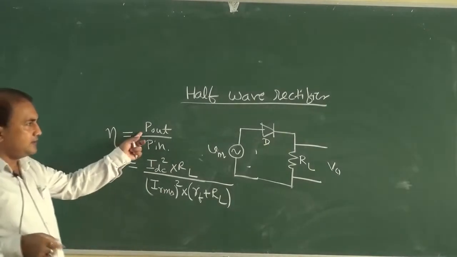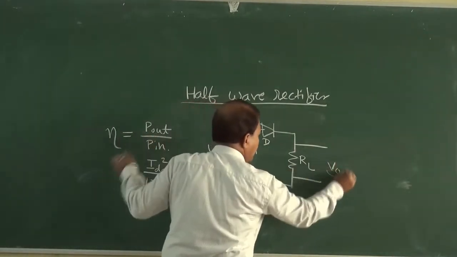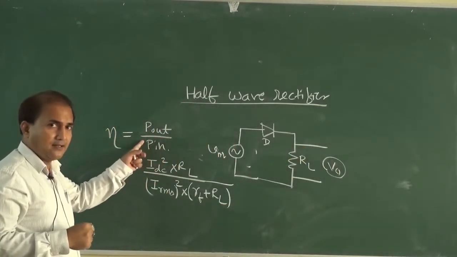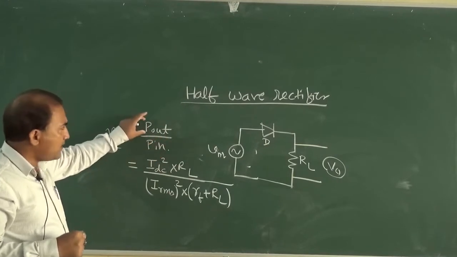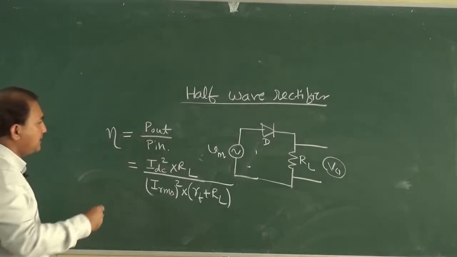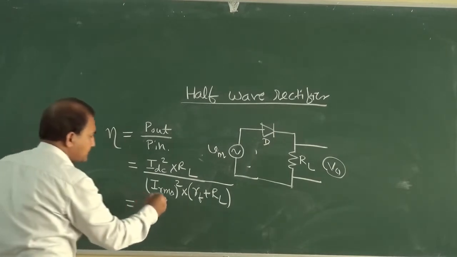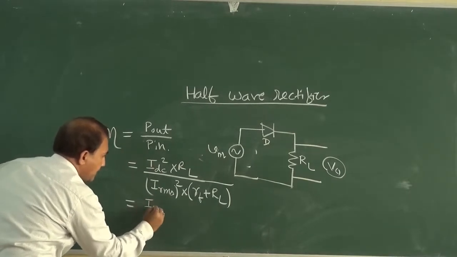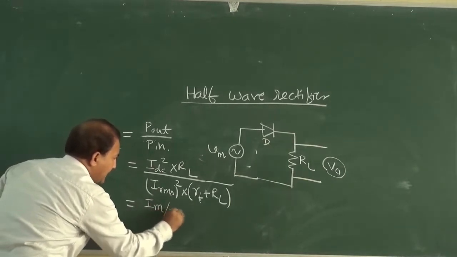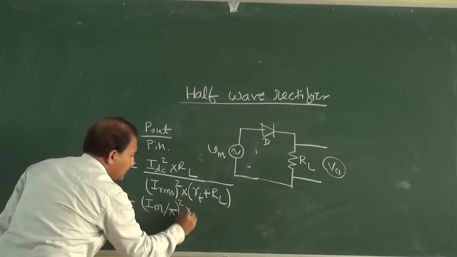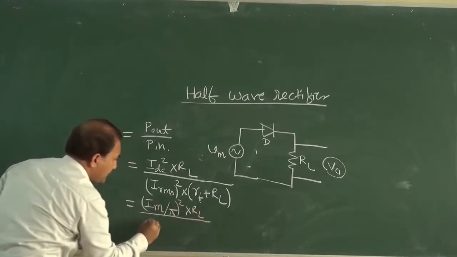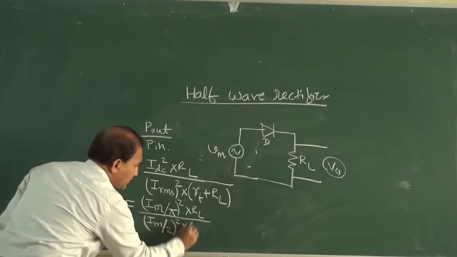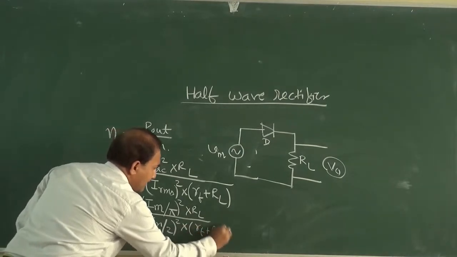P out is the output across the load, and P in is the input signal power. So it is equal to IDC, Im by pi whole square into RL divided by Im by 2 whole square into Rf plus RL.